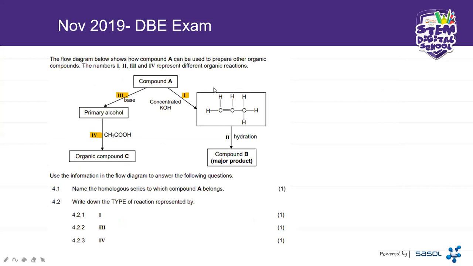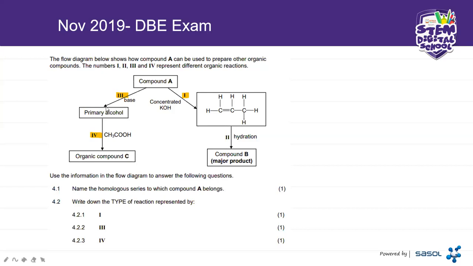So it means if this gives us a double bond, it means that this one here had single bonds. Okay, so this is basically the definition of an elimination reaction where single bonds, which are saturated bonds, form unsaturated bonds, which are double or triple bonds over here.